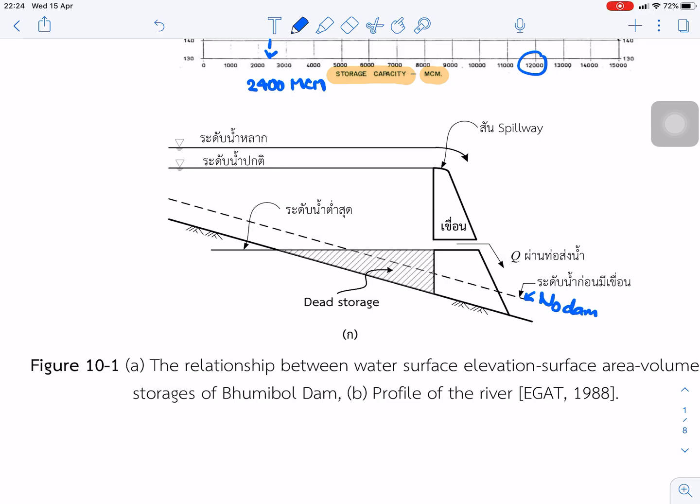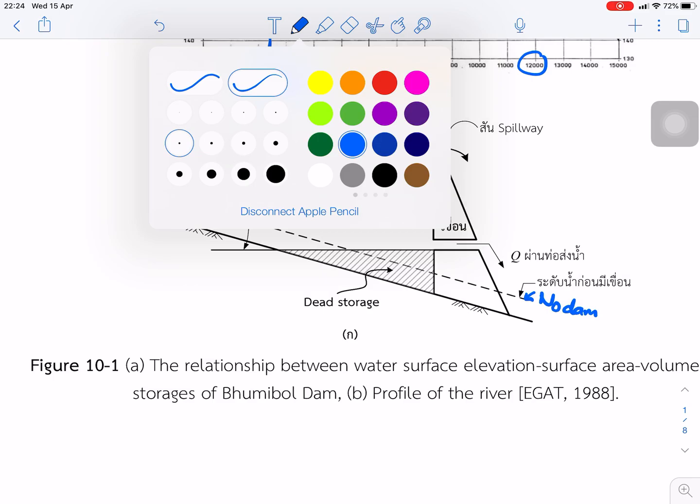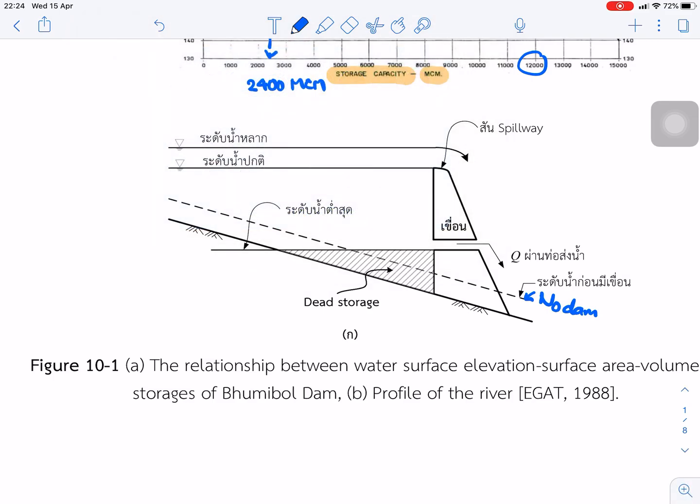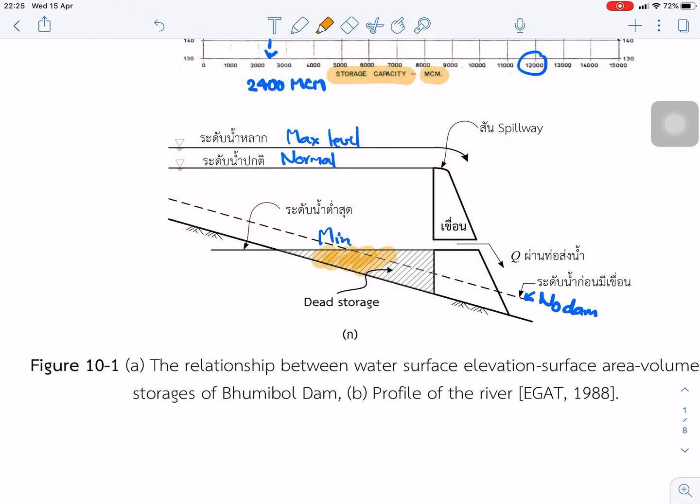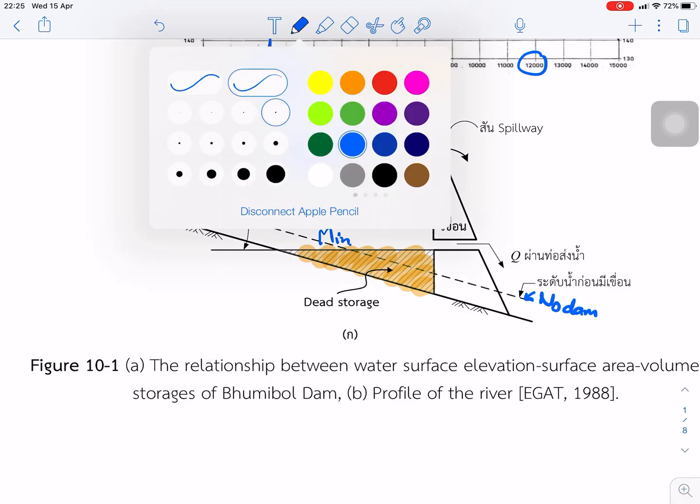We call it the normal level. And this is the maximum level, and this is the minimum level. And this part is dead storage. This means we can't take the water from this part. It just keeps the sediment at the bottom of the reservoir, and we can get the flow from this.